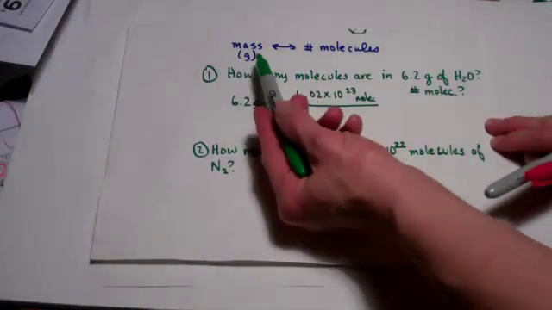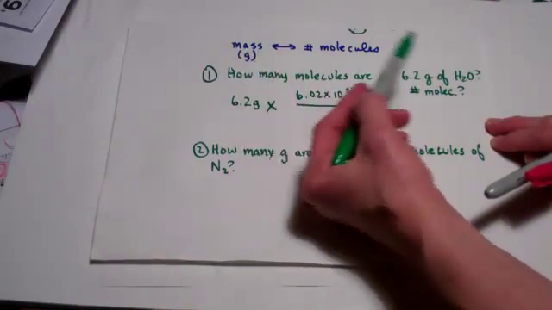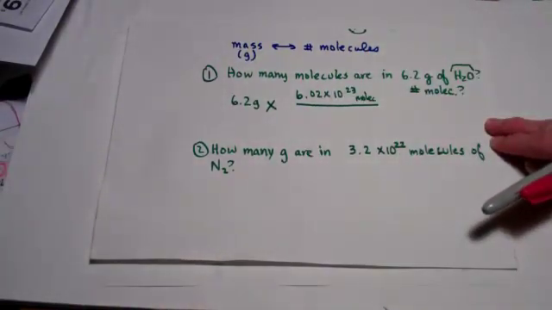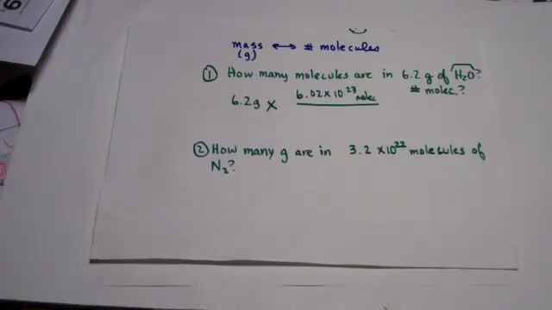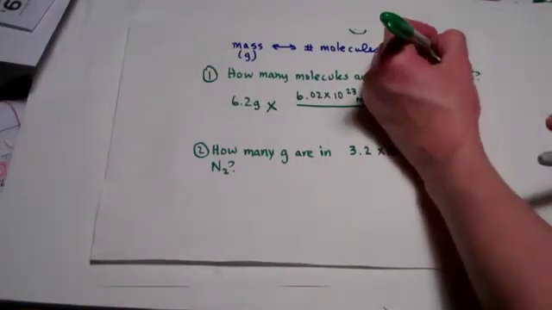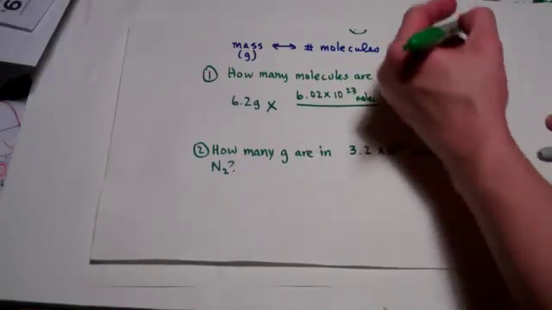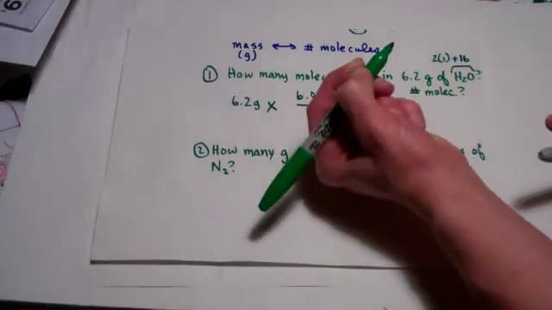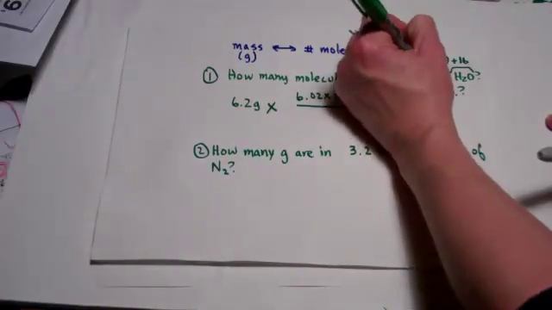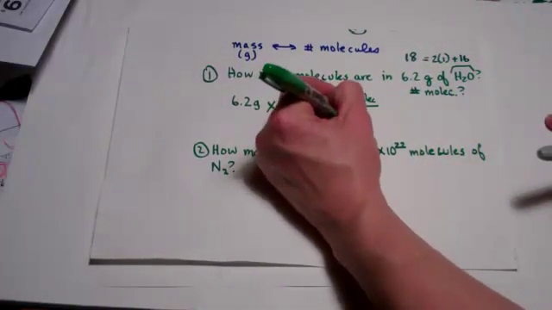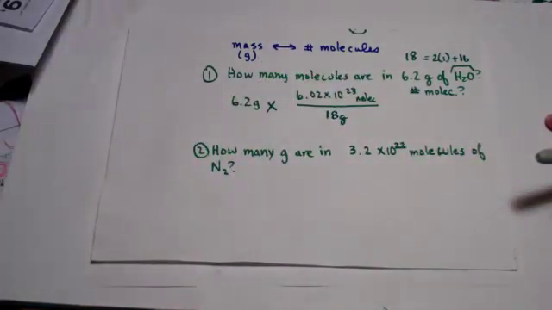So for this one, since we've got mass again, we have to calculate molar masses. So we're going to need to calculate the molar mass of our water molecule. So we know that is 2 times 1, since the mass of hydrogen is 1, plus 16, which is going to equal 18 grams. So we can put our 18 grams here on the bottom.